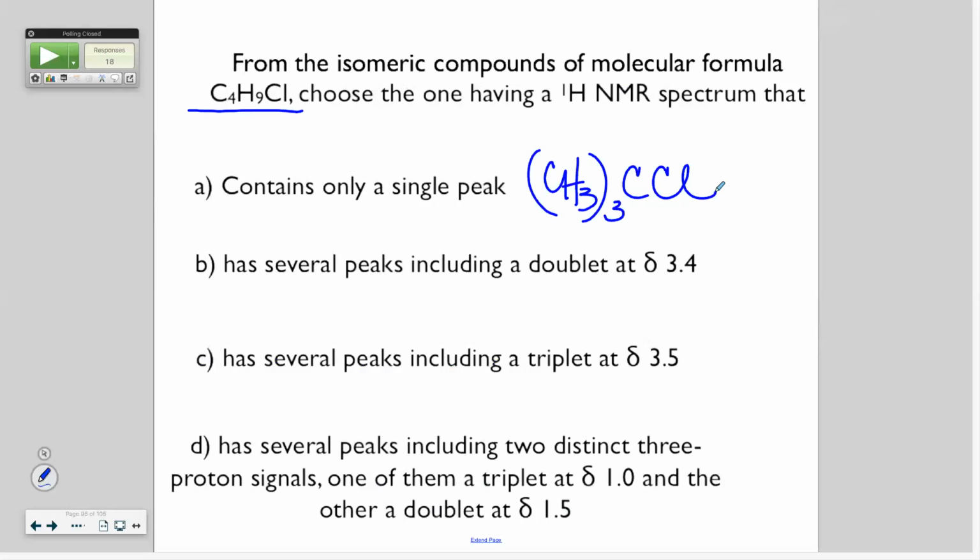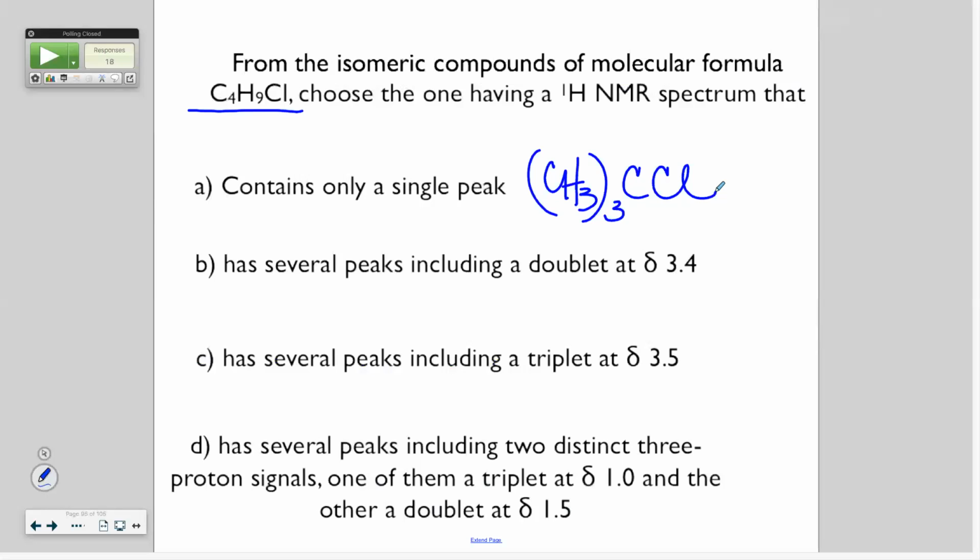So which ones have the possibility of a doublet? The bottom 2, right? Because this has 1 neighbor and these have 1 neighbor. And this one has 1 neighbor. How many neighbors does that one have? 4, right?